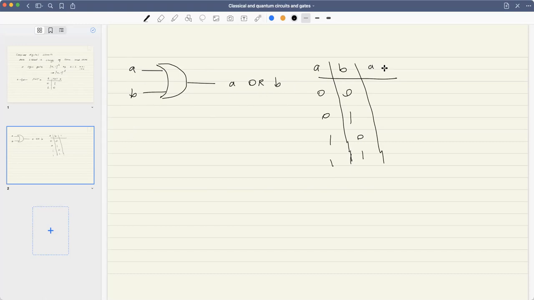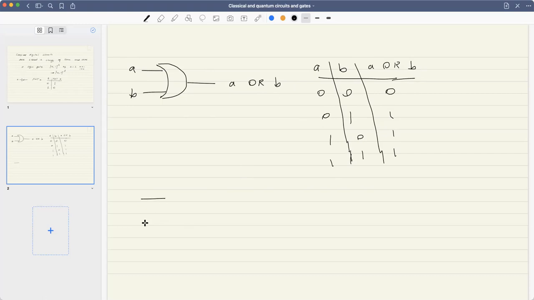So let's write it as A or B. In the first case, it's 0, and in all of the other cases, it's 1. So this truth table defines the operation of that OR gate on 2 bits. Here k is 2, I have 2 input bits, and L is 1, I have 1 output bit.